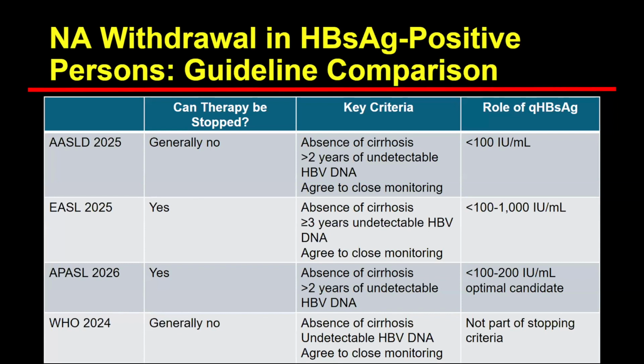And shown on the far right column, you can see that the end of treatment surface antigen level is an important predictor of who's going to achieve surface antigen loss, and therefore is an important criterion before considering treatment discontinuation in any patient, be they white or Asian. So while the guidelines might differ in their recommendation whether to stop treatment, there's largely good consensus on who should stop treatment. Next slide, please.